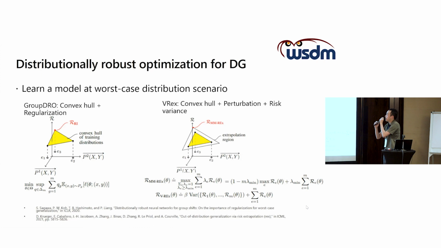One example for this distributionally robust optimization is based on the idea of machine learning: we expect the manifold of the feature space to be smooth.